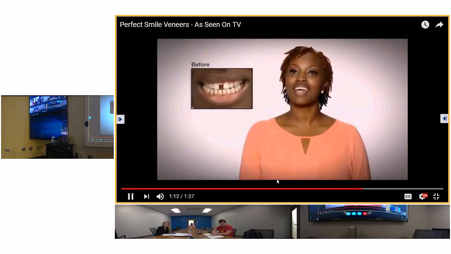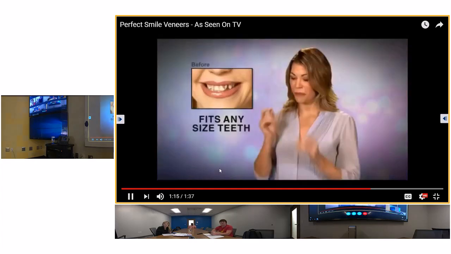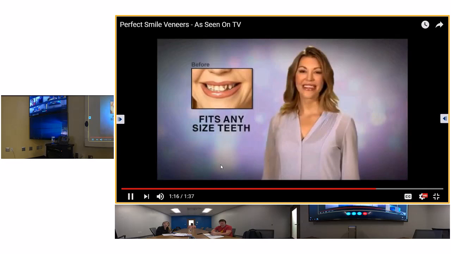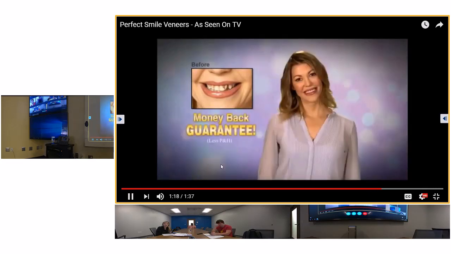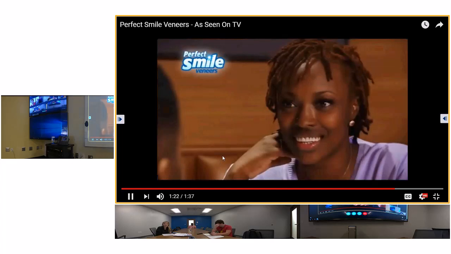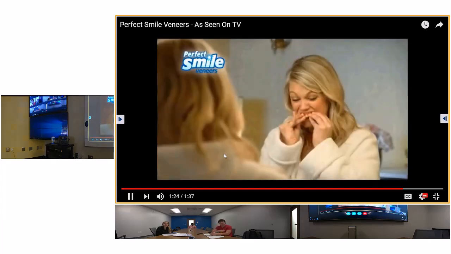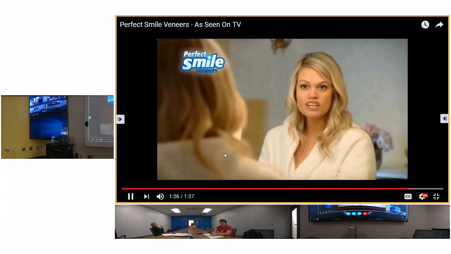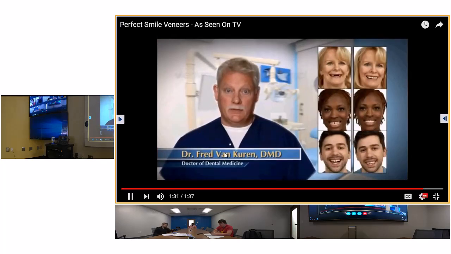Big smile confidence. Perfect Smile fits any size teeth. Every fit is a custom fit, guaranteed, or your money back. Instantly, you can have the look and confidence of perfect teeth. Just snap them out in the morning and be proud to smile all day long. Some of my patients can't afford cosmetic dentistry. This is a great alternative.